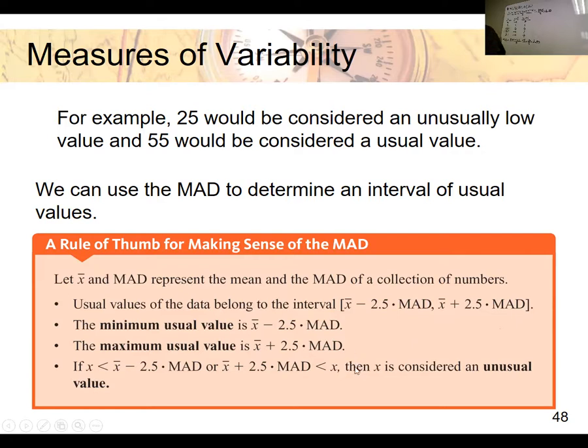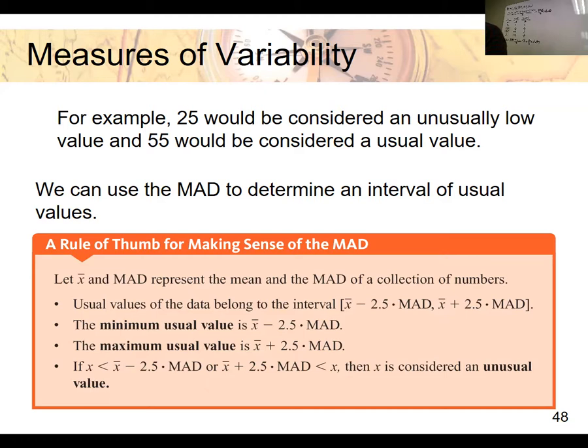Where are we getting 2.5? That's what they're using. Now I'm going to tell you this: I teach statistics. We wouldn't be using mean absolute deviation, we'd be using standard deviation for finding the minimum and maximum usual value.